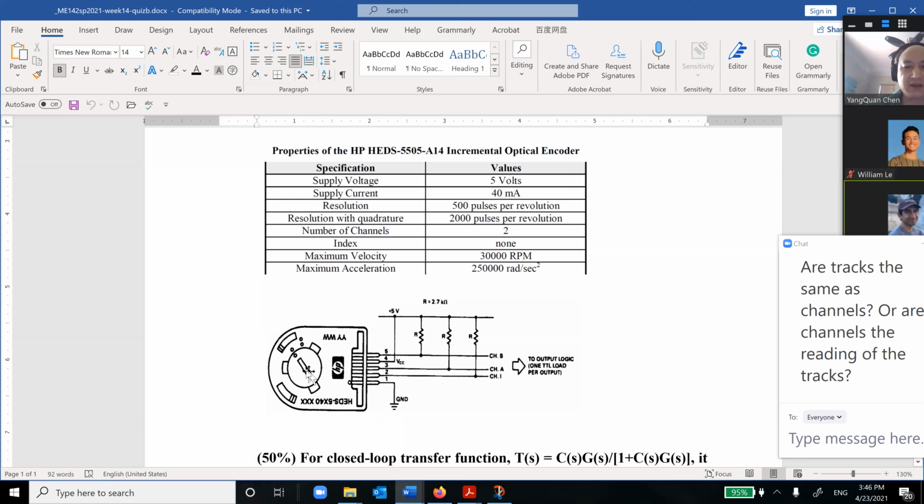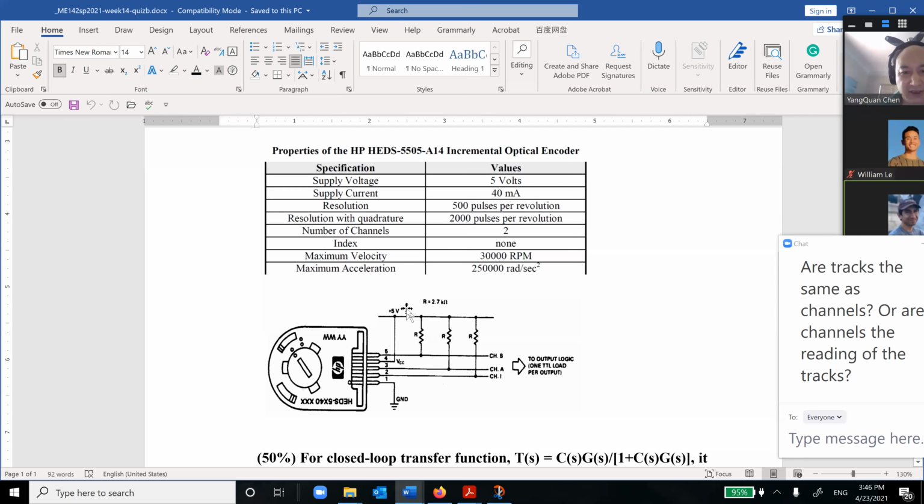You hook this up, attached to the shaft, and align it well. So when the shaft moves, this will also move. There's no mechanical friction. It's optical, so it's effective.